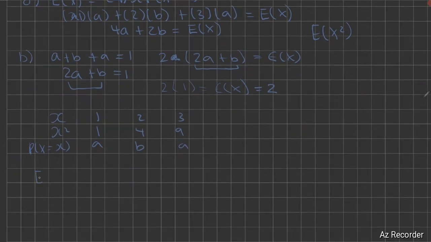And so E(x squared) is equal to x squared times the probability, add x squared times the probability, add x squared times the probability. And this works out to be a add 4b add 9a is equal to E(x squared). So 10a add 4b is equal to E(x squared).